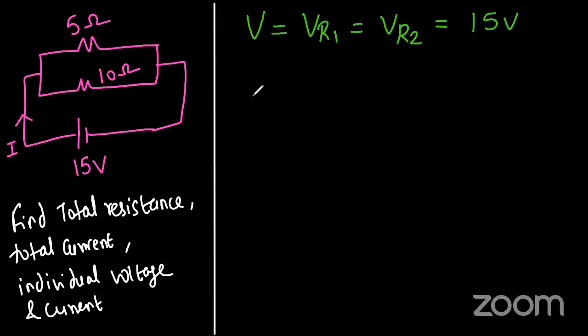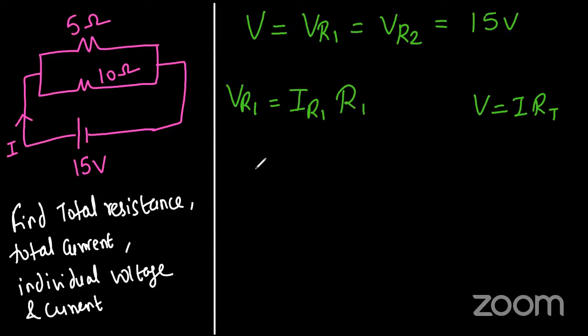Now by Ohm's law, V is equal to IRT. If I want to write it for R1, V is replaced by VR1, I is replaced by IR1 and RT is replaced by R1. Now I have to find IR1.